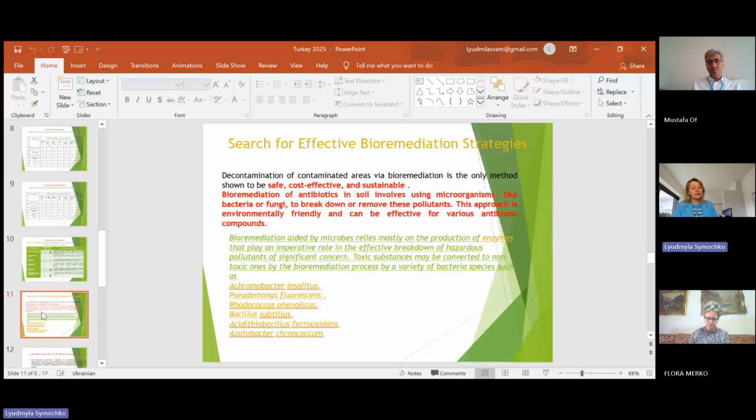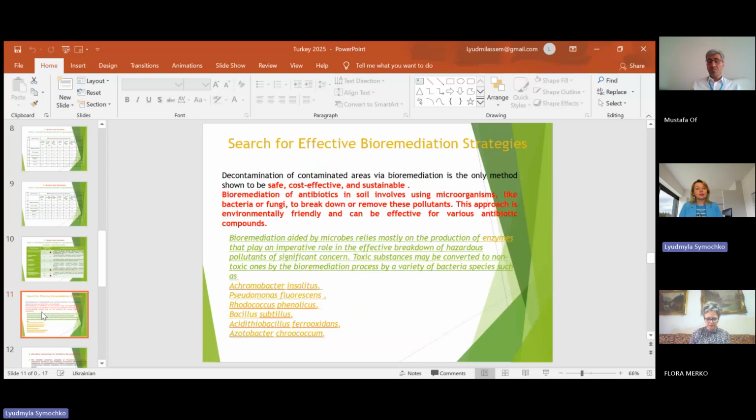So we decided to try to find an appropriate strategy for how it's possible to reduce the persistence of enrofloxacin in the soil. And it was quite a difficult task because, as I told in the beginning, the environmental life of this antibiotic is quite long in comparison with other antibiotics.